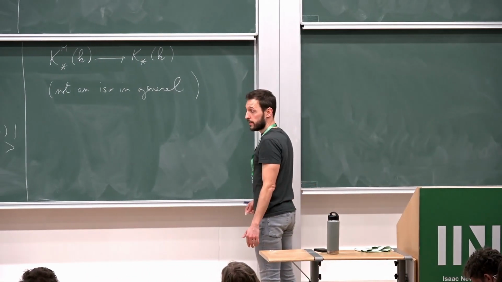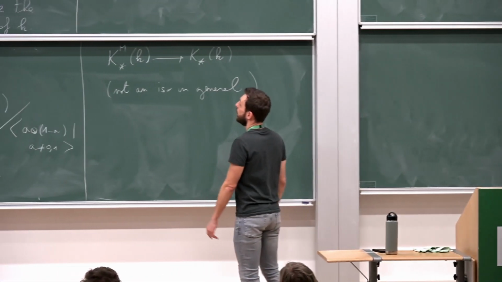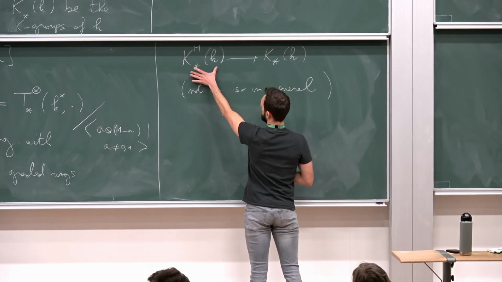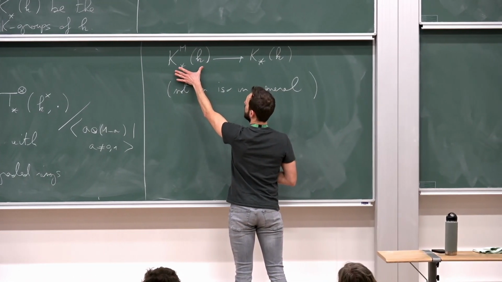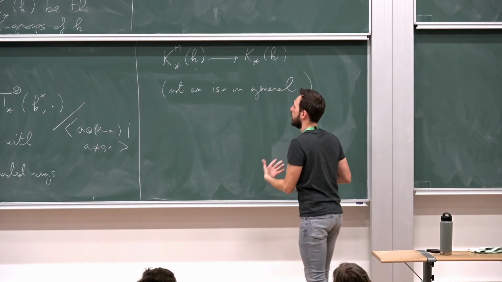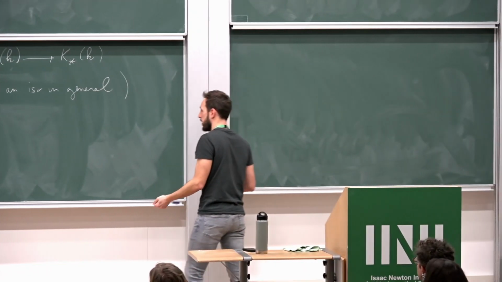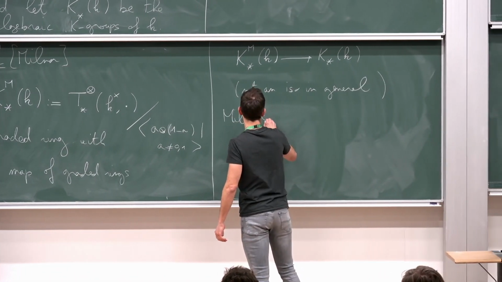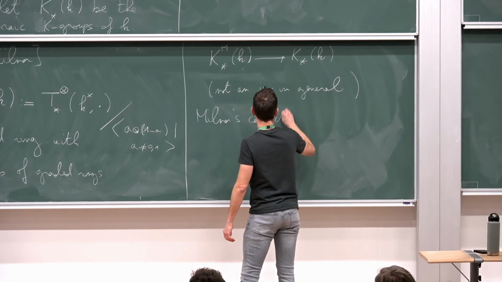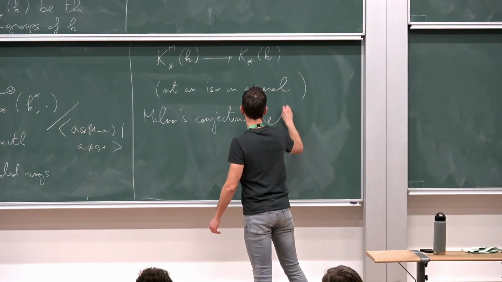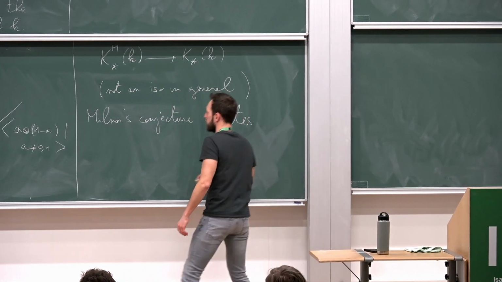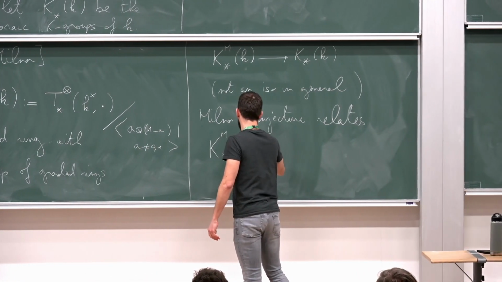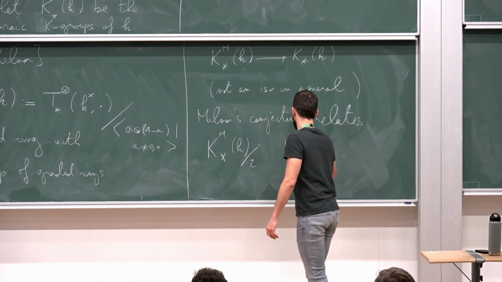All right. Then what does Milnor's conjecture say? Well, he describes this thing modulo 2 in terms of symmetric forms over K. So it relates this K-theory to symmetric forms.